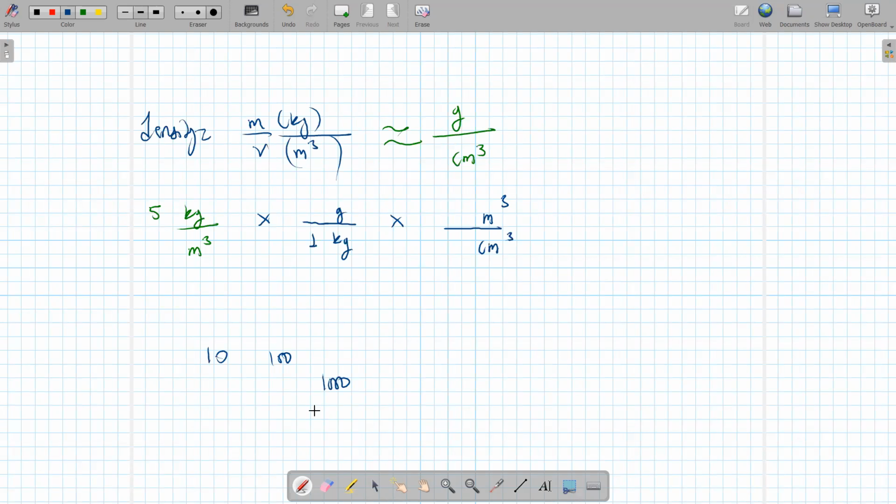I'll give you a hint. Is it 1,000? Yeah, it's 1,000. So there's 1,000 grams in 1 kilogram, okay? What about meters to centimeters? How many centimeters in 1 meter?